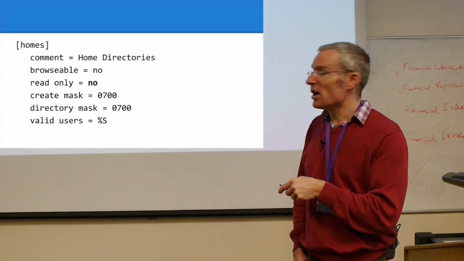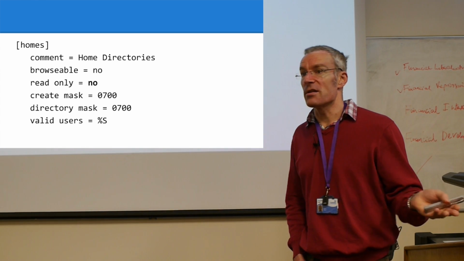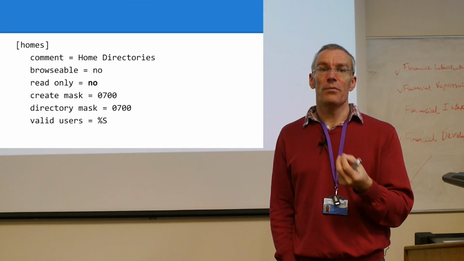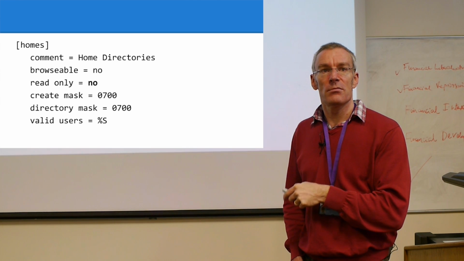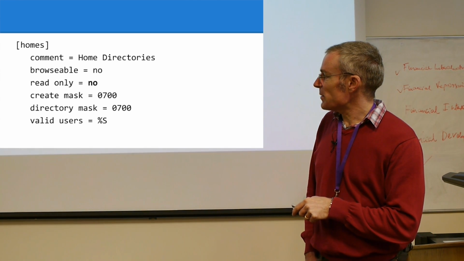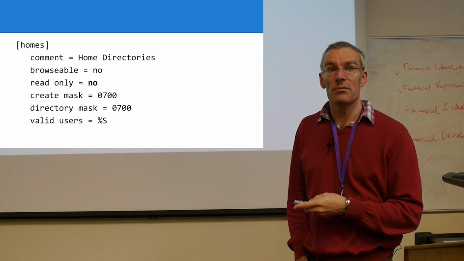The default permissions are the person who created the directory can do everything to it, and no one else can do anything. But obviously, if this is a folder on your web server, you have to change that, otherwise it won't run. And valid users, %s basically means everyone with an account. Everyone who has a valid account on the server can be a user.